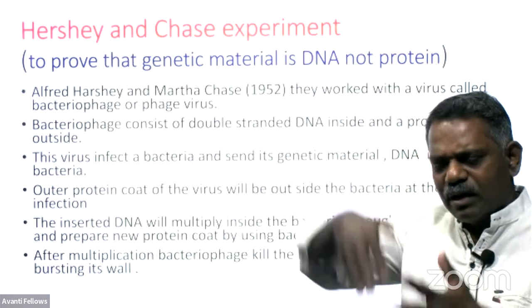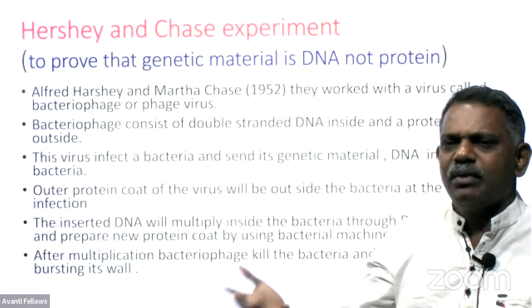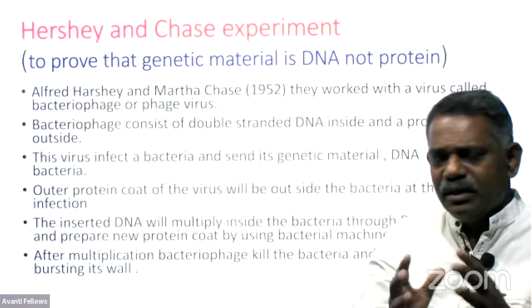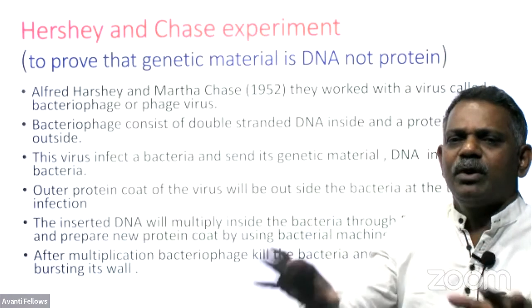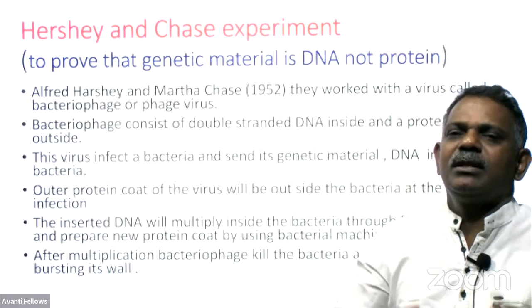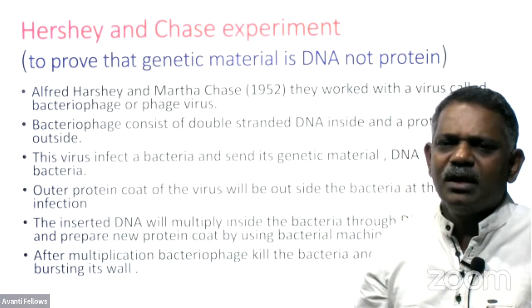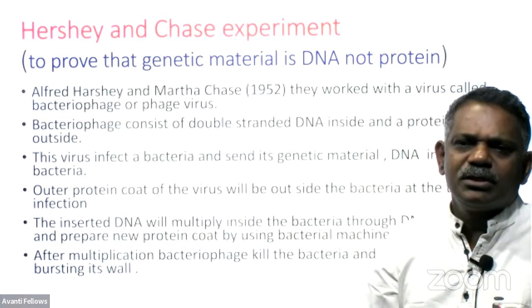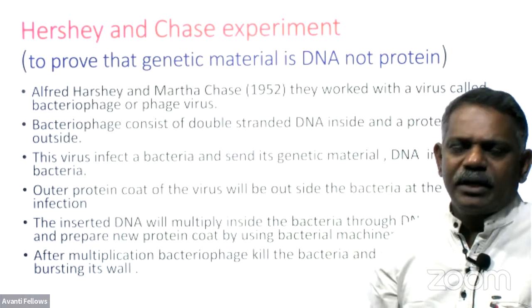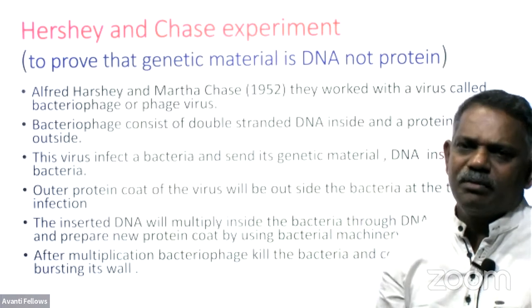After the DNA is taken inside, it goes for replication many times and produces many copies. This DNA individually produces the protein by using the machinery available in the bacteria, because every virus requires a host to multiply. They don't have any cellular structure to make copies, which is why they always depend on other organisms to multiply.